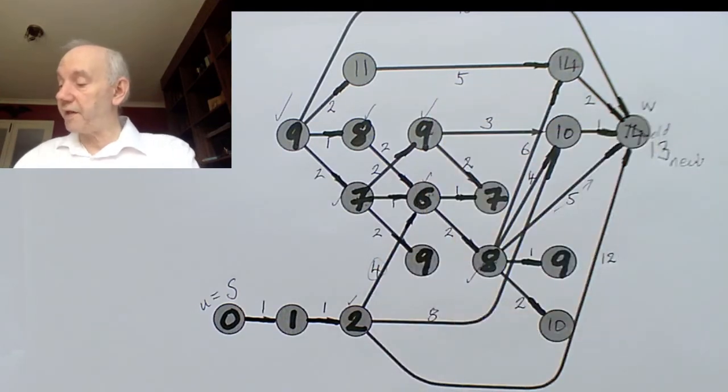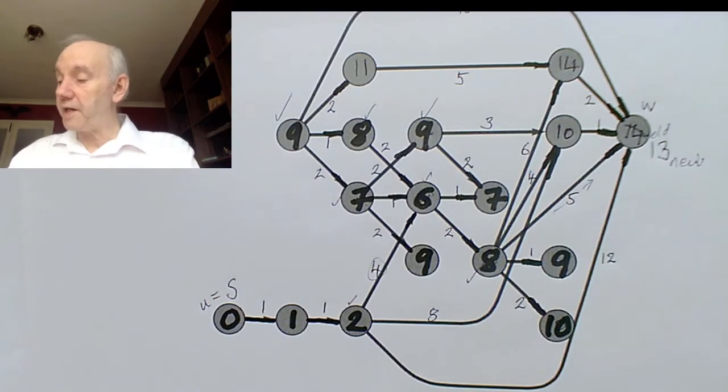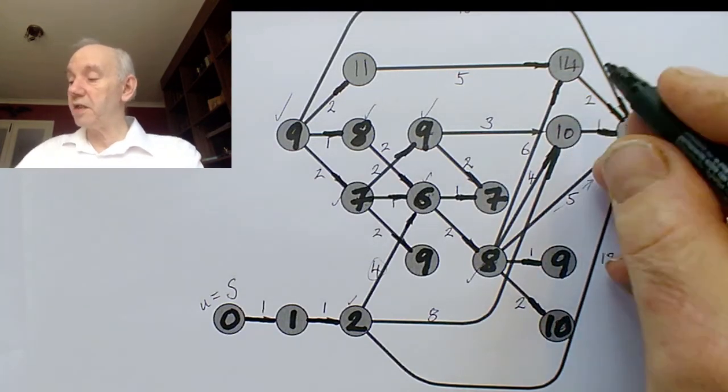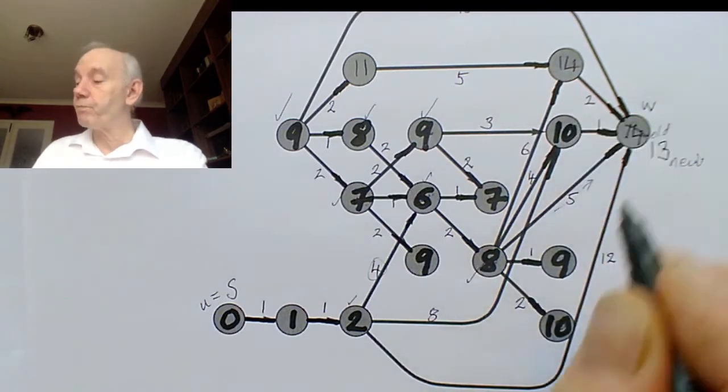Now I go to the 10, let's do this 10, that's obviously going to be permanent. This 10 here, because it's the least label, I know that this is the correct shortest distance, 10.